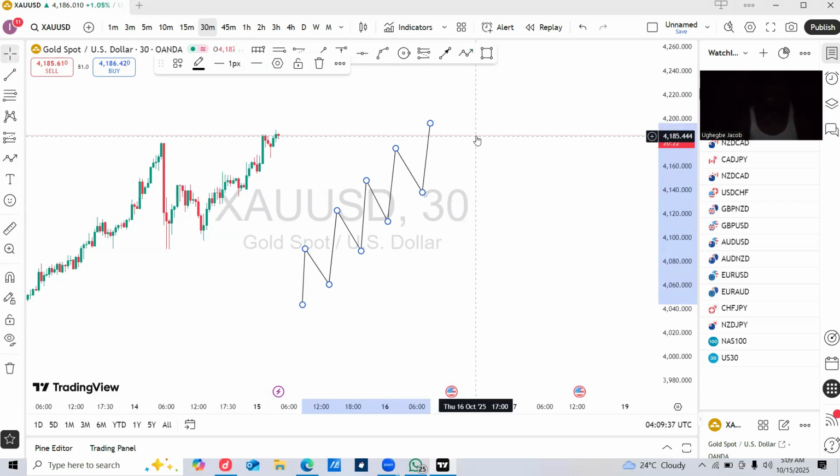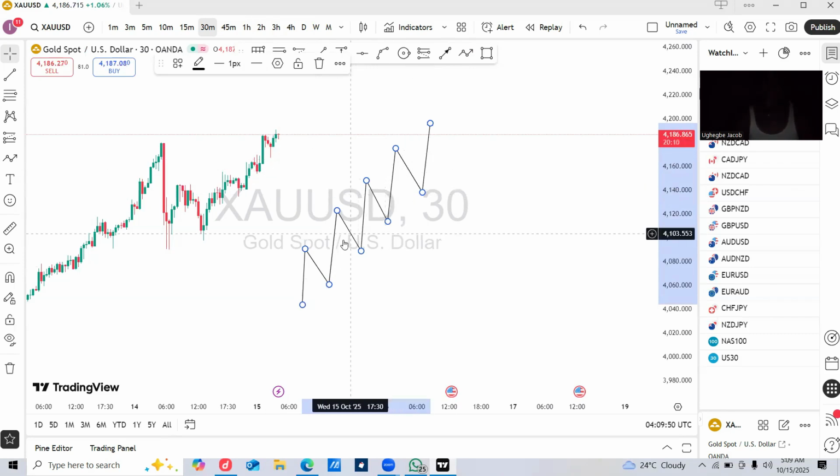In this kind of market structure, our focus is only on the opportunity to buy the market, not to sell, because the market is an uptrend market.